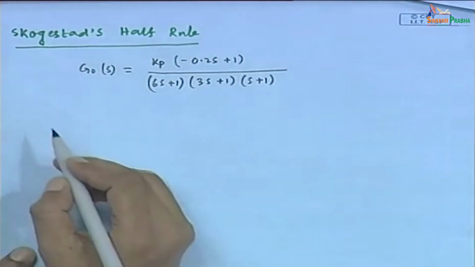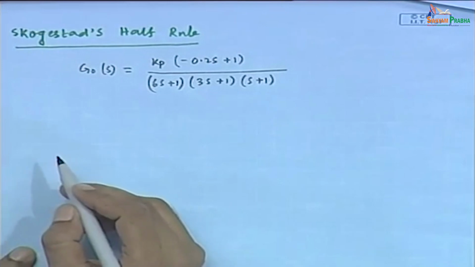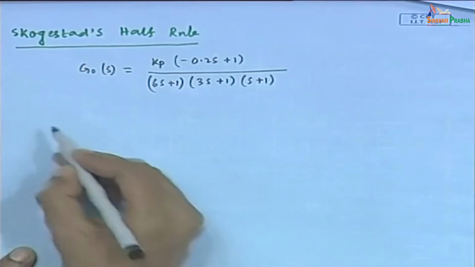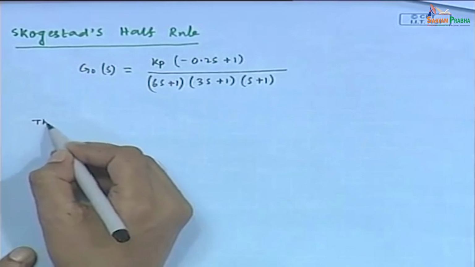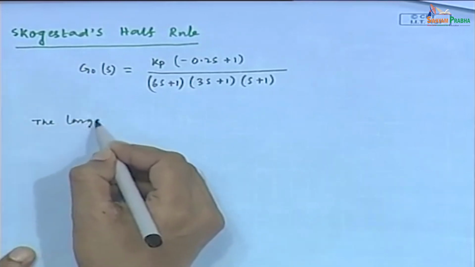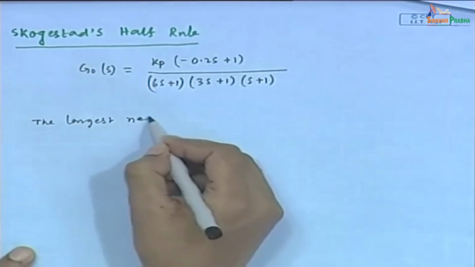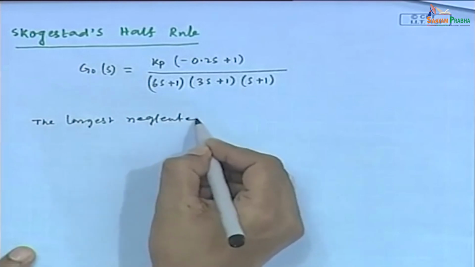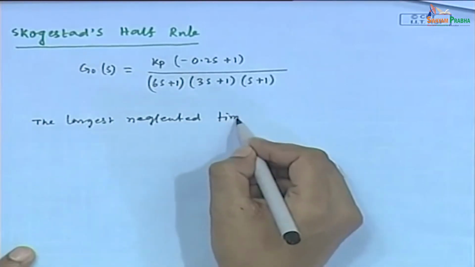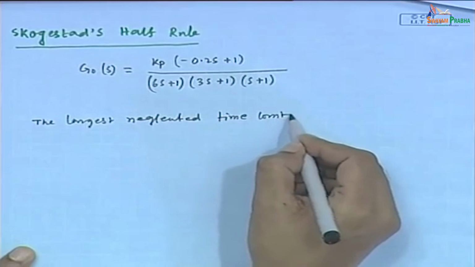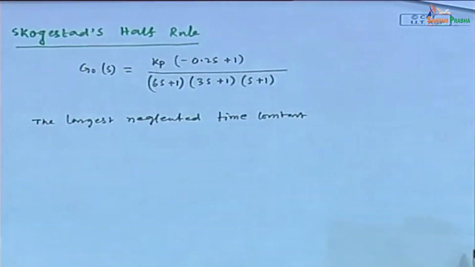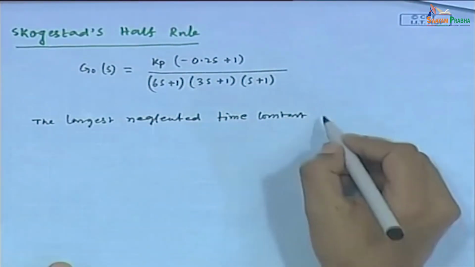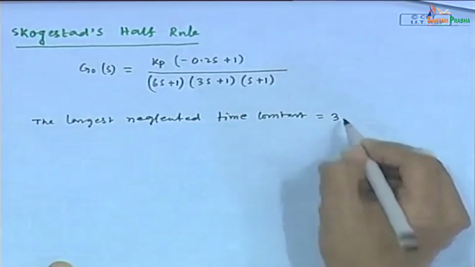So, what is the highest neglected time constant? The largest neglected time constant considered in the Taylor method is equal to 3.